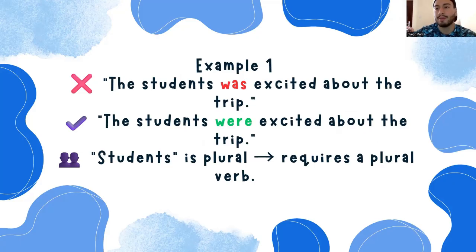As a result, the sentence becomes grammatically wrong and the meaning sounds unnatural. Using the correct plural form, were, maintains agreement and keeps the message accurate. So the correct sentence is: the students were excited about the trip.